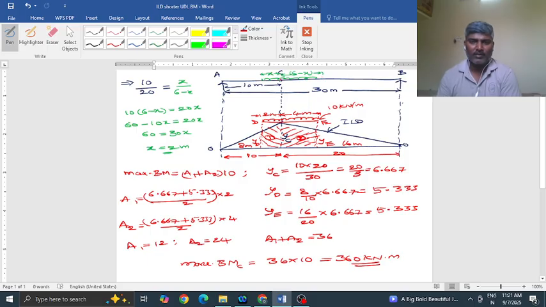For all other positions except this one, 2 meters to the left of the section and 4 meters to the right, the bending moment at C will be less than this 360 kilonewton meter. That's the meaning of it. Thank you.